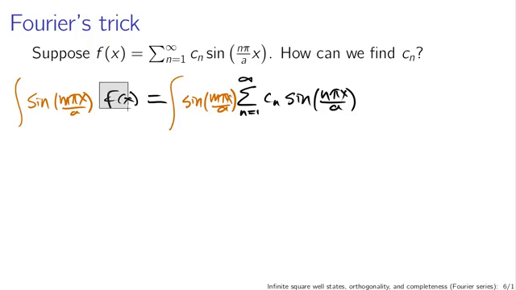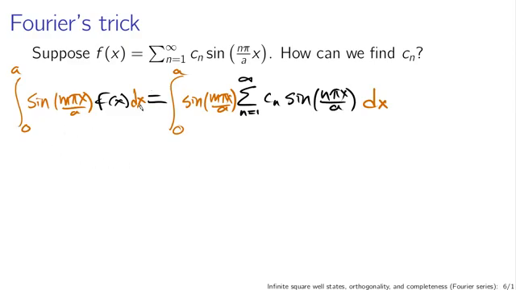And these are both integrals dx. So I'm taking this original equation and multiplying it from the left by sine m pi x over a, and integrating from 0 to a dx, both sides of this equation.